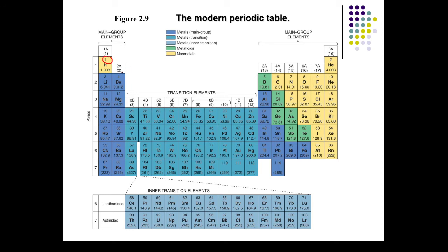These numbers on top are known as the atomic number. All right, atomic number. It tells us the number of protons. It is the fingerprint of the atom.